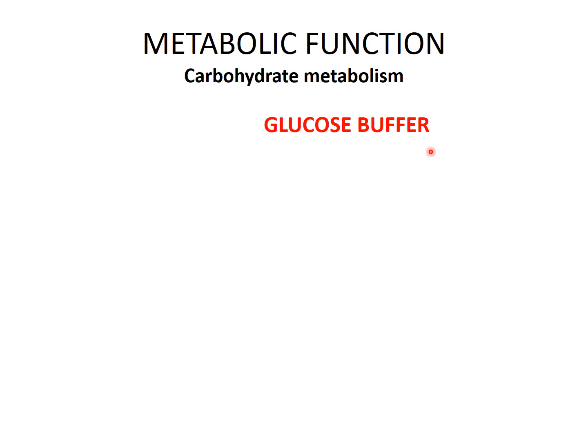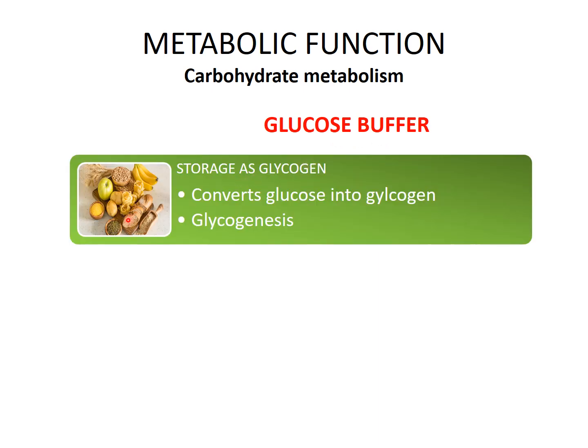So how is it able to do this function? The most important reason for the liver being a glucose buffer is that it receives the nutrients from the splanchnic circulation. Whenever we have a diet that is rich in glucose, those nutrients upon reaching the liver will be converted into glycogen. Because they are in excess, they will be stored in the form of glycogen by the process of glycogenesis.